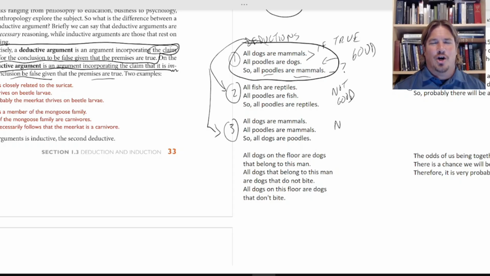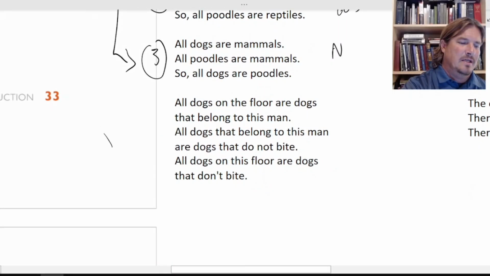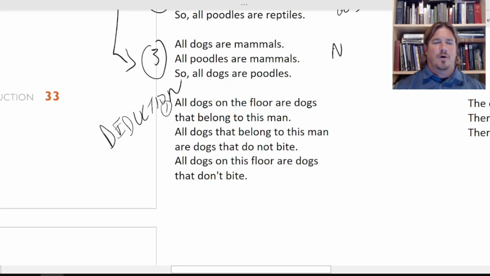All right, that might have been a little hard to hear on the audio what was being said, but this is still a deduction. And the argument went like this. Premise 1, all dogs on the floor are dogs that belong to this man. Premise 2, all dogs that belong to this man are dogs that don't bite. Conclusion, all dogs on this floor are dogs that don't bite.